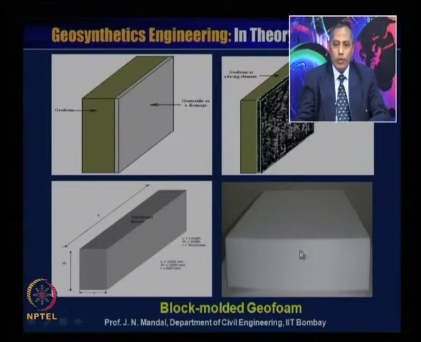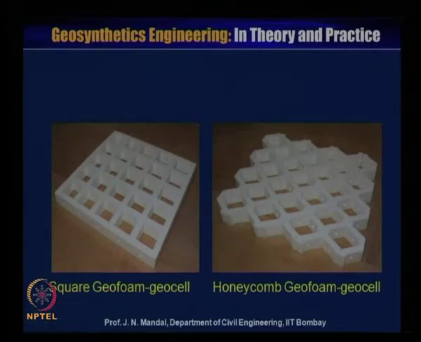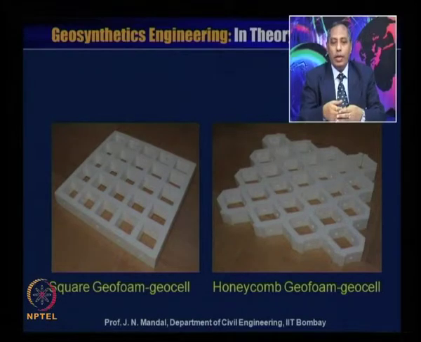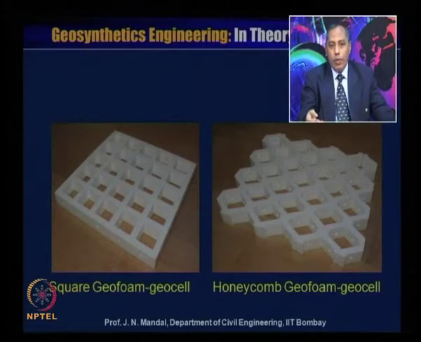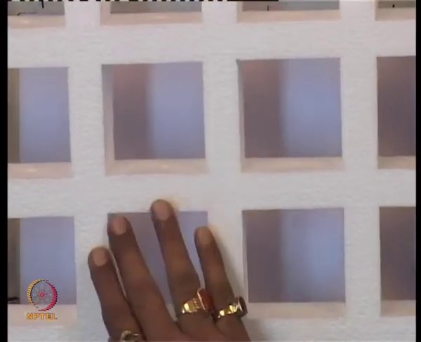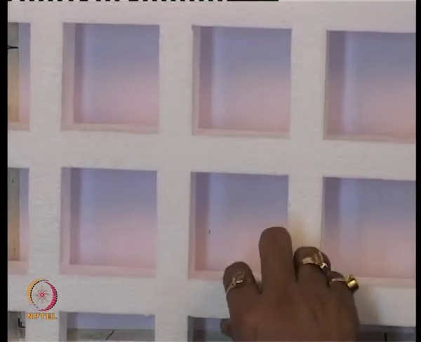Here you can see another geofoam material, because this geofoam material you can also have in different configurations. You can make this geofoam in the square form. Here is the square form geofoam material.